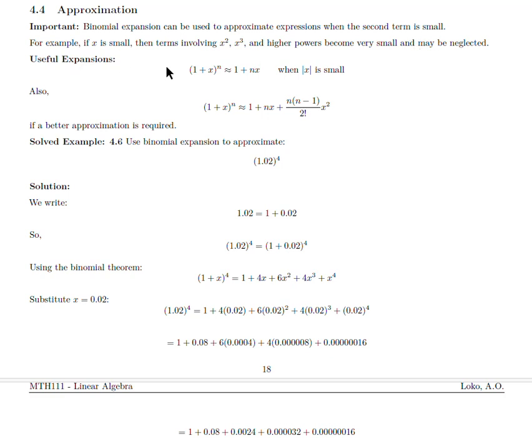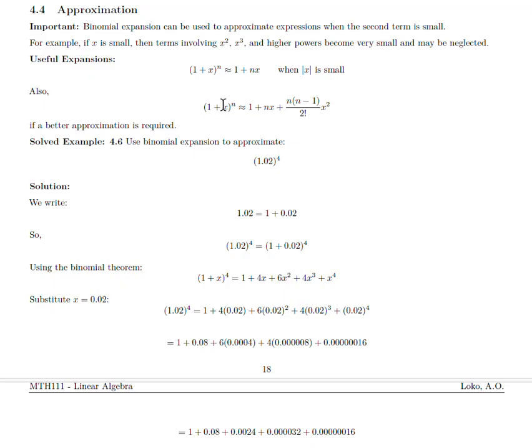Useful expansions: we have (1 plus x) all raised to power n is approximately 1 plus nx when x is small, that is, absolute x is small.